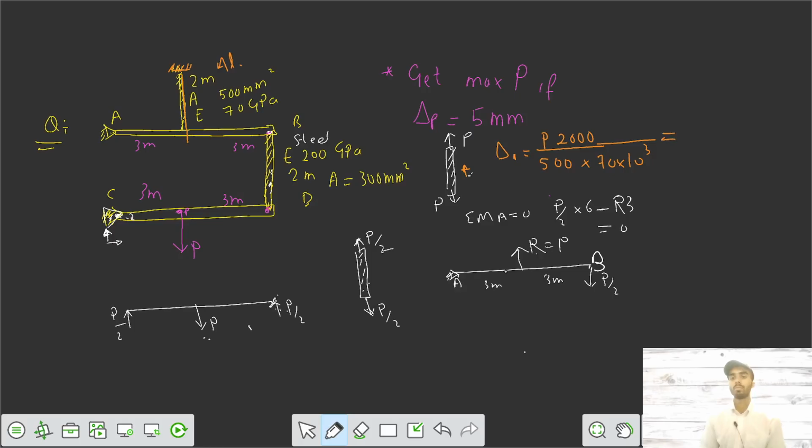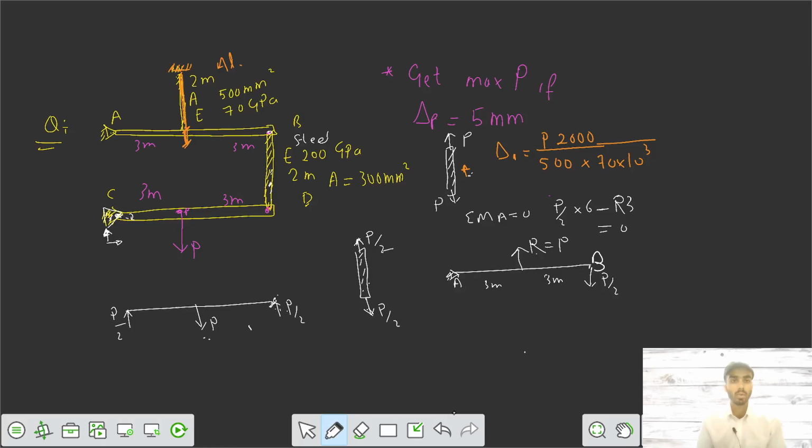Then your delta 1 comes out to be, yeah, we can't get it as of now because you have unknown of P. So you got some function of P for delta 1, but it has to go downwards. There's no option for this bar to get elongated. It has to go downwards by the same amount of delta 1.